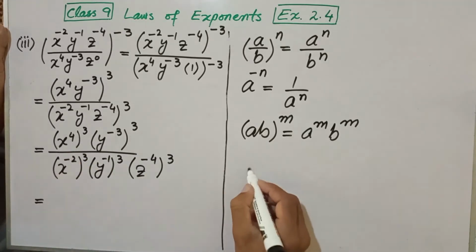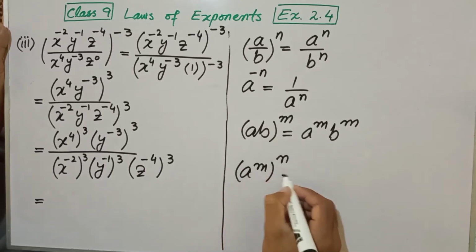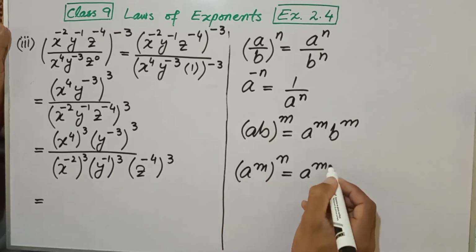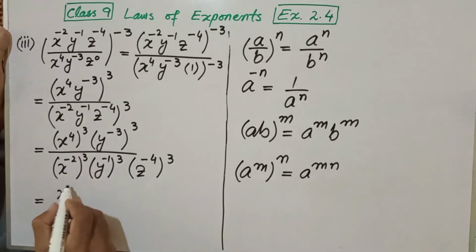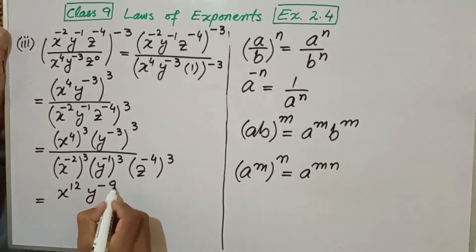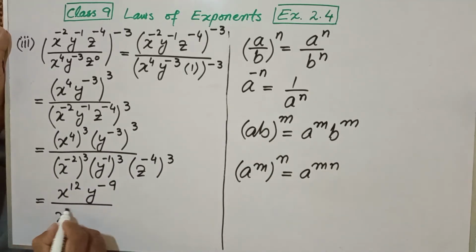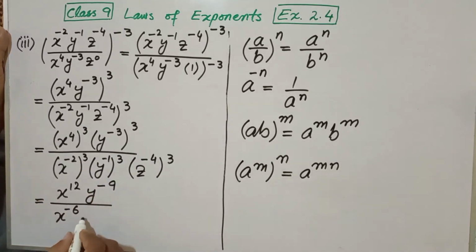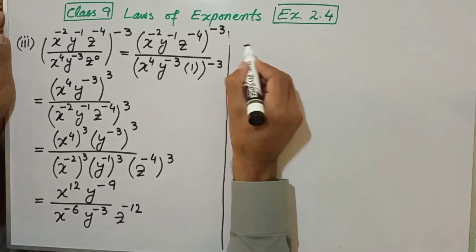And here we use the property a power m whole power n, we have a power m into n. This becomes x, 3 4s are 12, and then y, 3 3s are 9, x power minus 6. Similarly here y power minus 3, and here z power minus 12.